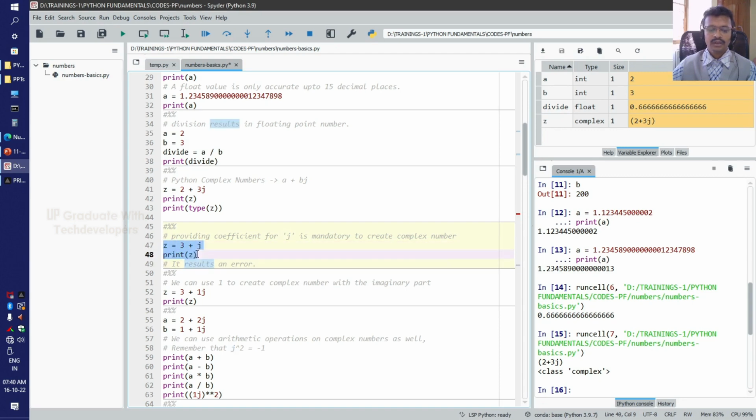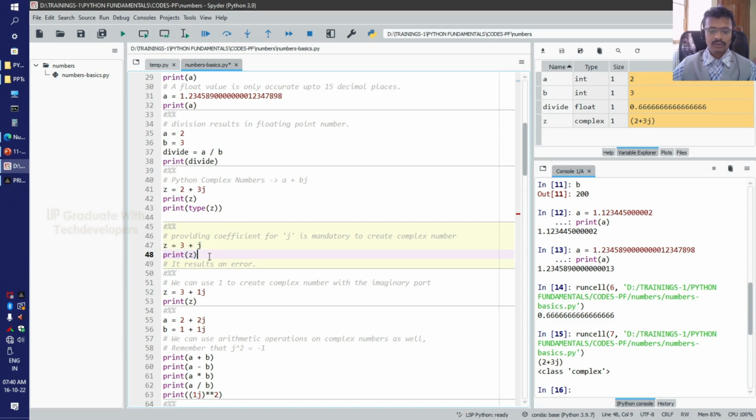So if I try to create a complex number without providing the coefficient for the imaginary part, then it will result in an error.